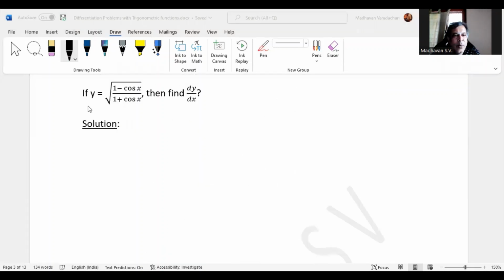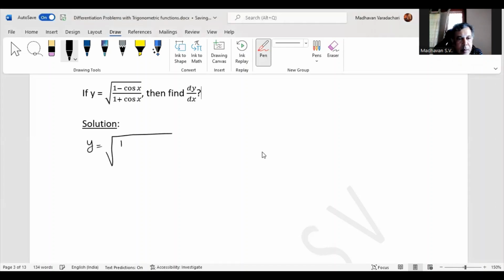If y is equal to square root of 1 minus cos x by 1 plus cos x, then find dy by dx. First of all, we will rewrite this y as the square root of 1 minus cos x divided by 1 plus cos x.